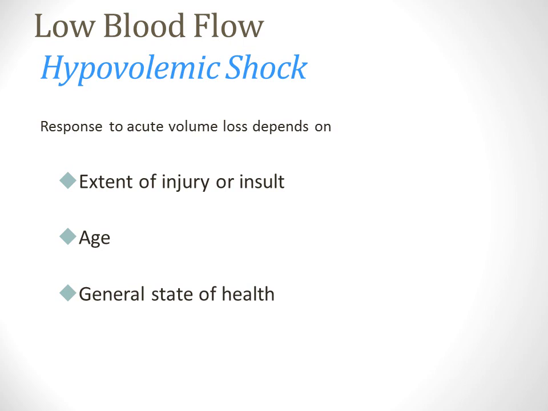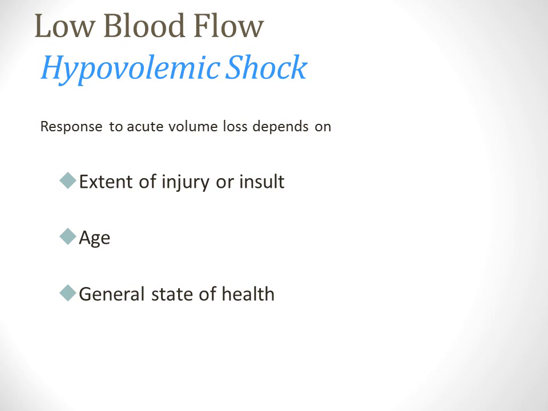Hypovolemic shock is a decrease in circulating volume, not enough blood, related to external or internal blood loss. So it could come from trauma or surgery, severe nausea and vomiting, diarrhea, excessive diuresis, diabetes insipidus, hemorrhage, burns, ascites, dehydration, can all lead to hypovolemic shock.